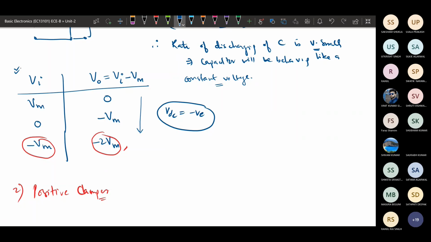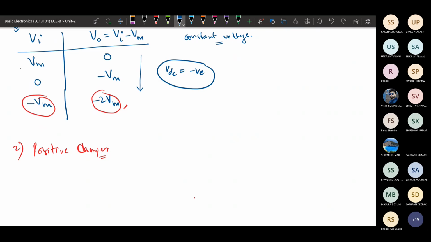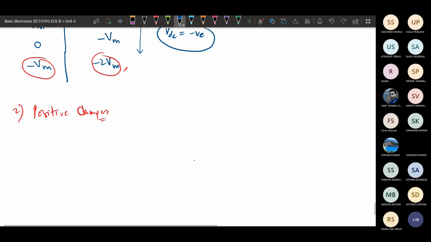Similarly, in case of positive clamper circuit, we will do the similar analysis. So here, instead of a negative DC value, we will be getting a positive DC value.